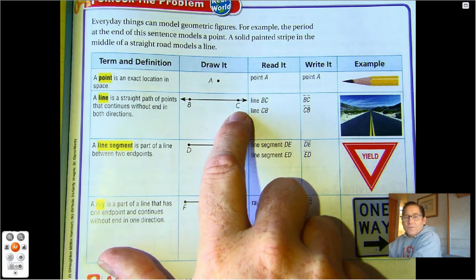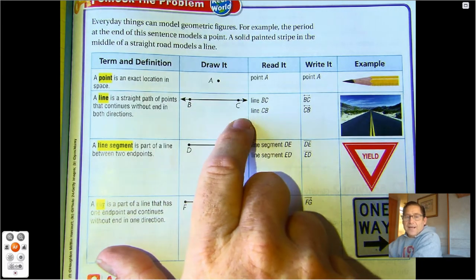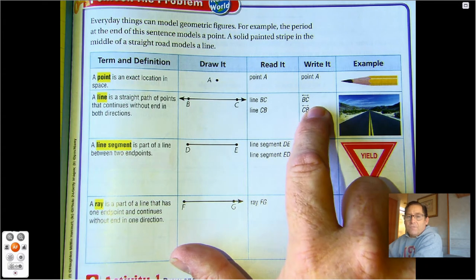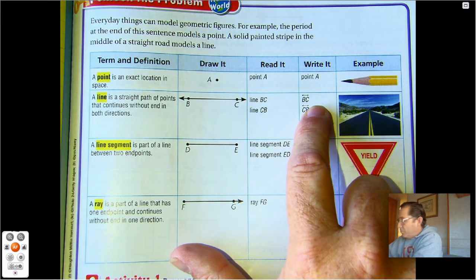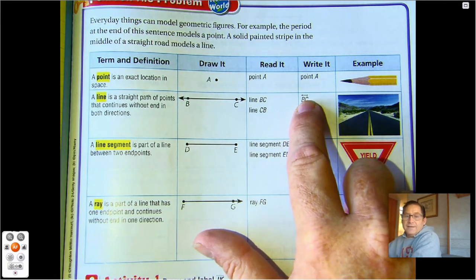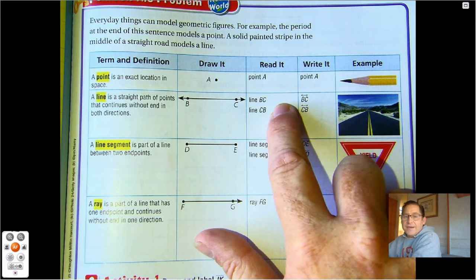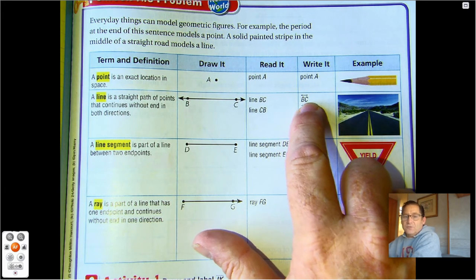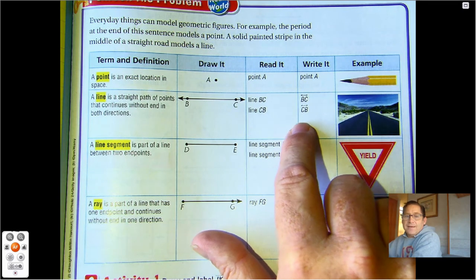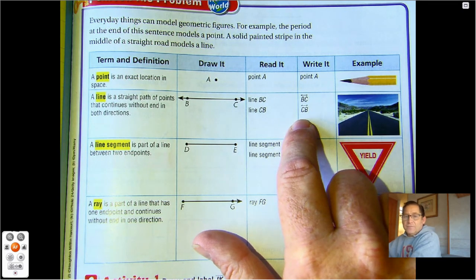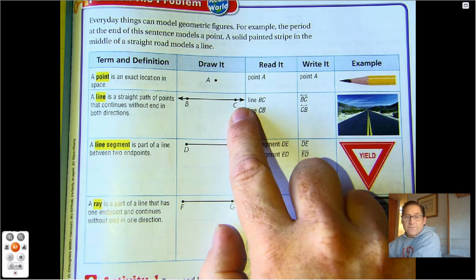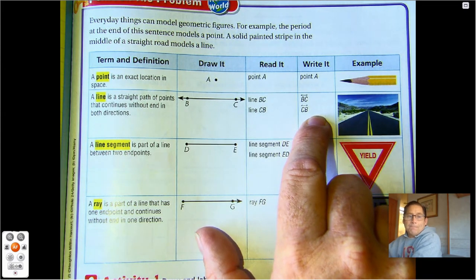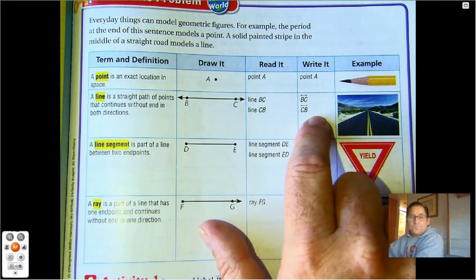You can name it with either point on the line. How would we write it as a symbol? We put the line symbol above it, and depending on how you're reading it, this one they're naming the B first and the C second, so line BC. Here it's the same line, but they started with the C first, so line CB. It's the same line though.